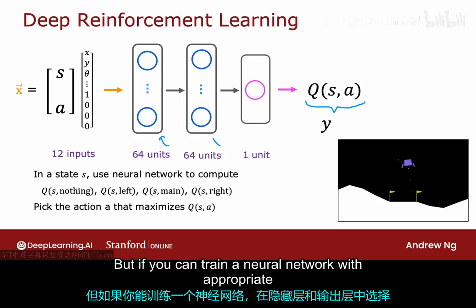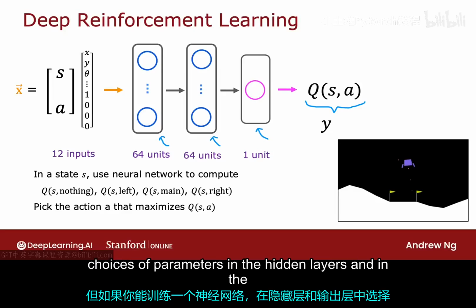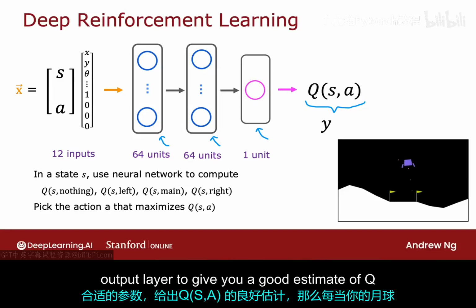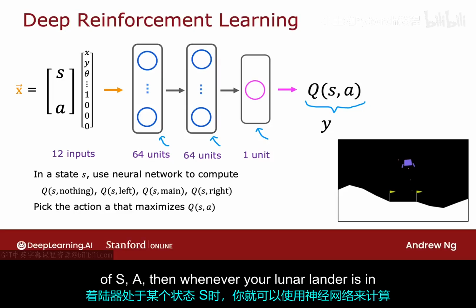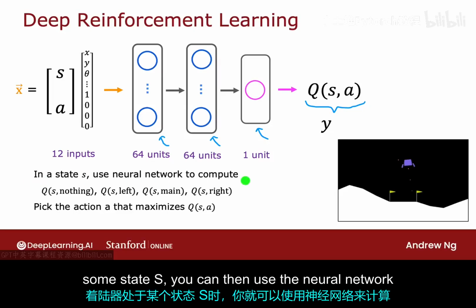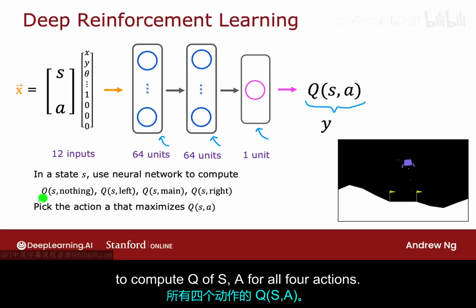But if you can train a neural network with appropriate choices of parameters in the hidden layers and in the output layer to give you a good estimate of Q(s,a), then whenever your lunar lander is in some state s, you can use the neural network to compute Q(s,a) for all 4 actions.